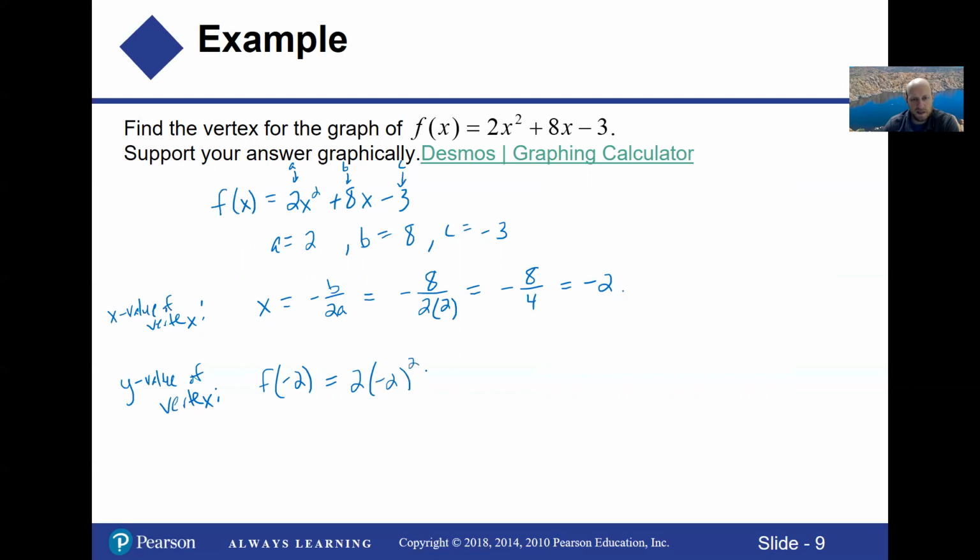So I have 2 times -2 squared plus 8 times -2 minus 3. And that's going to give me, let's see, -2 squared is 4. 2 times 4 is 8. 8 times -2 is -16. And I have a -3 here at the end. So I have a -11. So what is the vertex? The vertex is -2, -11.